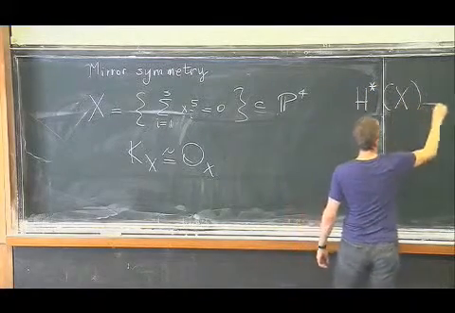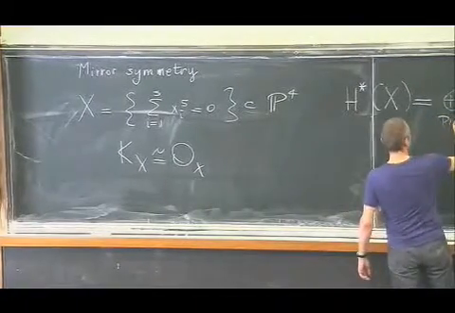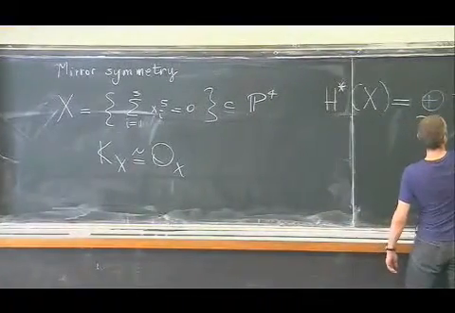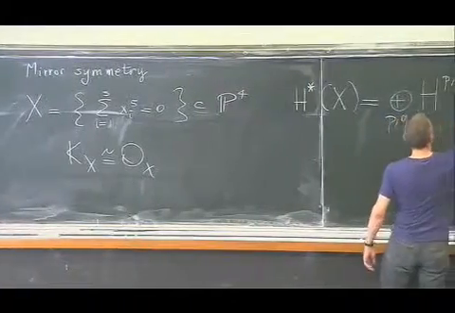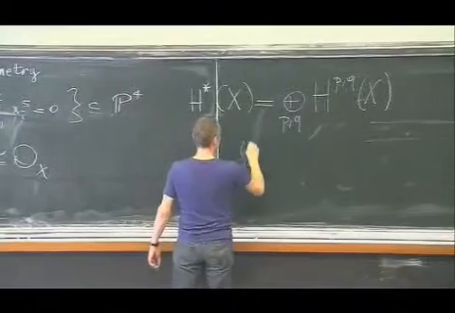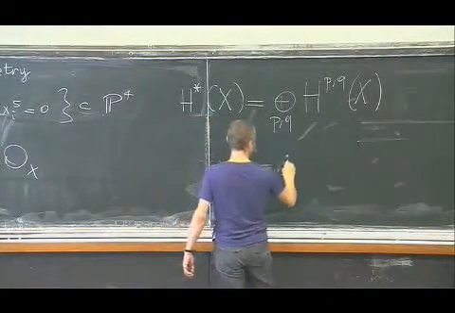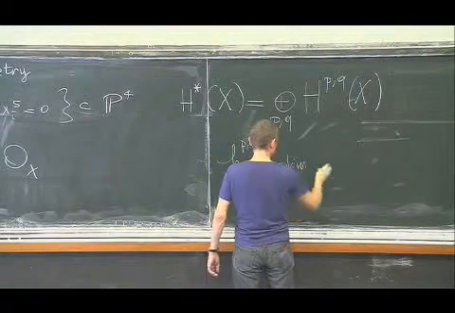Let's first study the cohomology with its double grading. Okay, and I would like to keep track of the rank of the spaces, the dimension of those vector spaces.